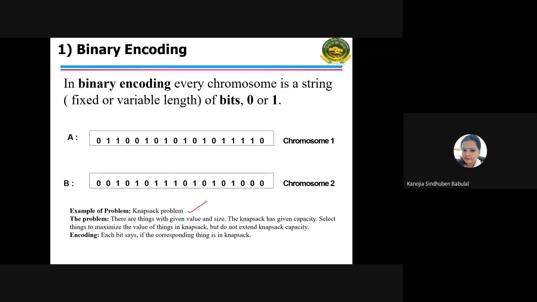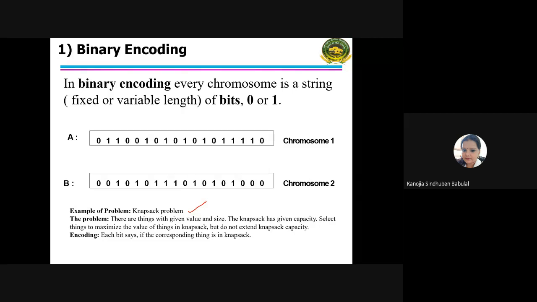This is a story about a thief who is going to some place for stealing things, and he has a knapsack of fixed size. As a thief, he will try to keep in that knapsack those things from that house which would take him to a greater benefit, because the size of the knapsack is limited.